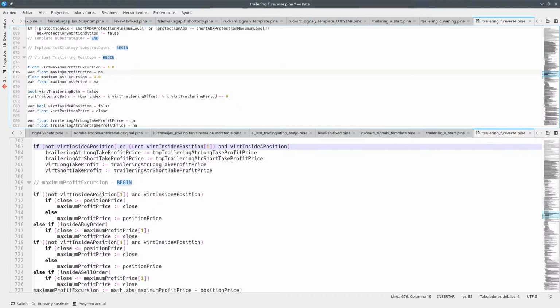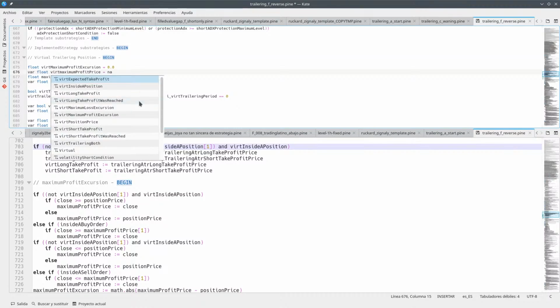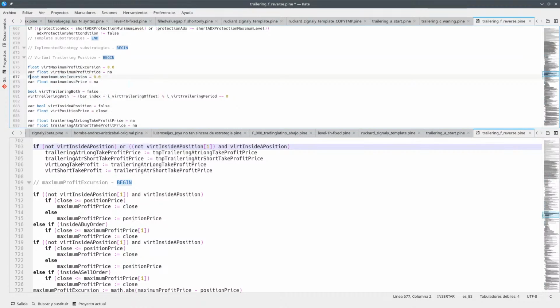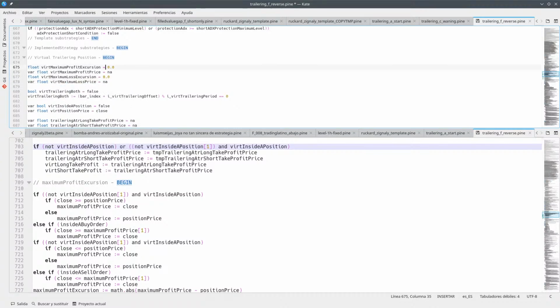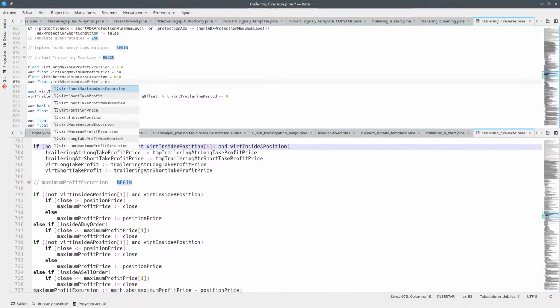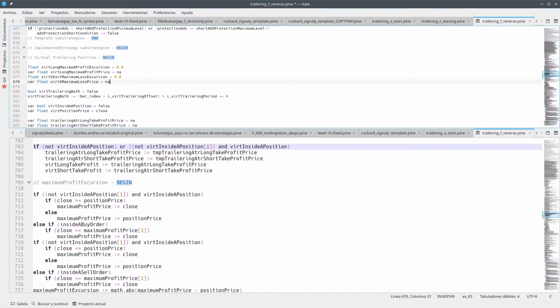So this should be first of all virtual. Okay. Now we should have the long one and the short one. Otherwise this does not make sense. Short, and not short, they should be long.